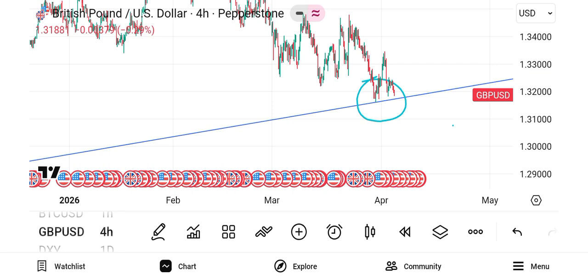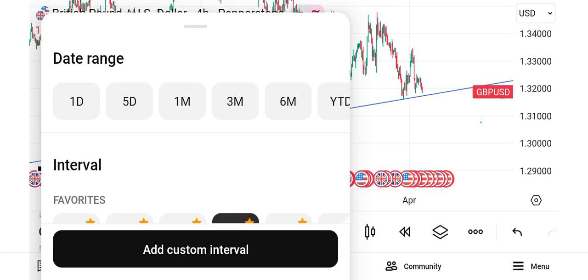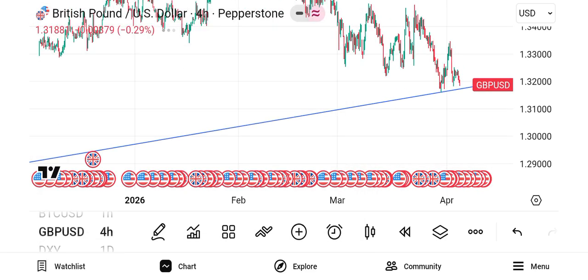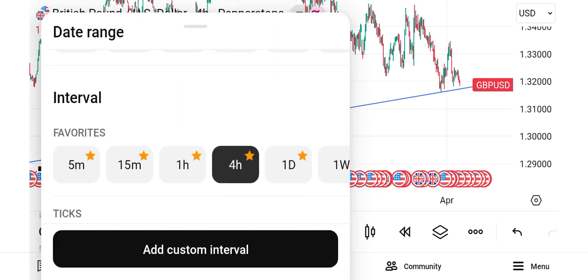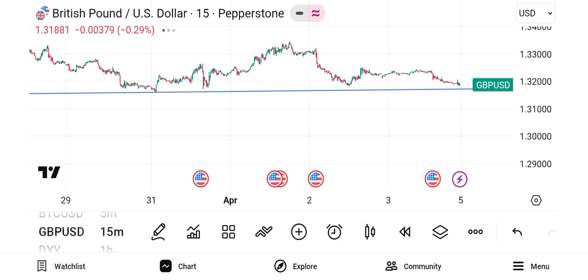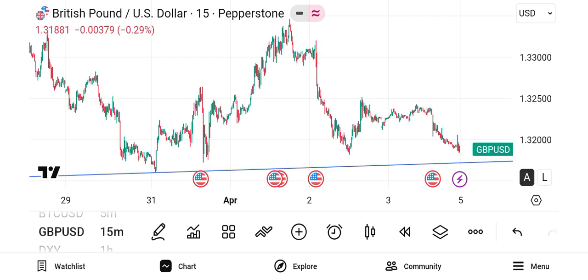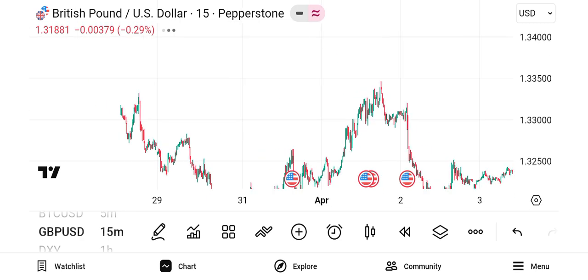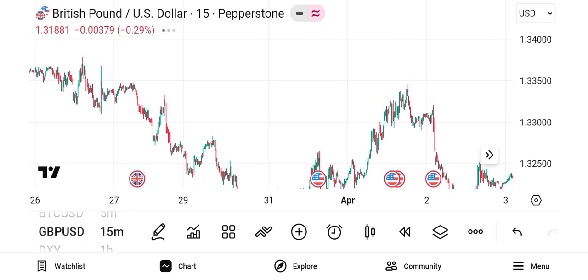Another thing you must notice is that the more price reacts, the more price respects a trend line, the more valid it becomes.